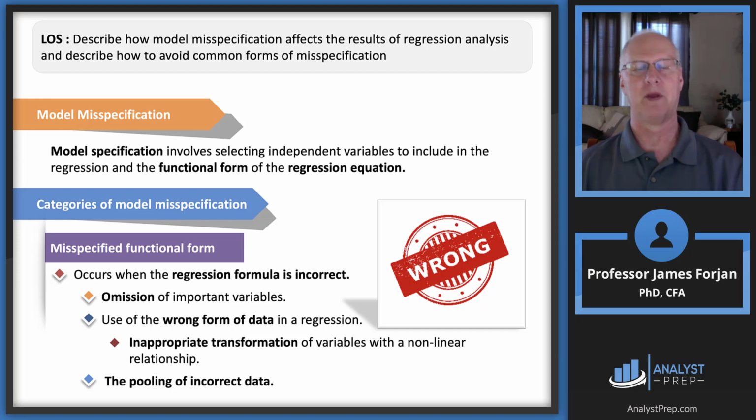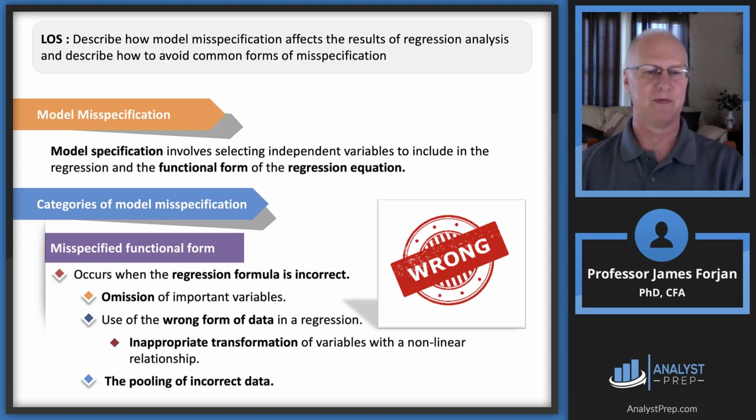How about model misspecification? This is the econometrics way of saying your model really just stinks. Selecting independent variables and the functional form of those independent variables. So model misspecification means you're just using the incorrect models, the incorrect variables. Either they're incorrect or the form that they're using is incorrect.